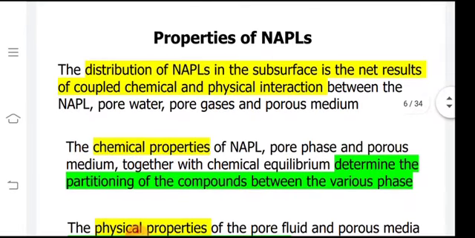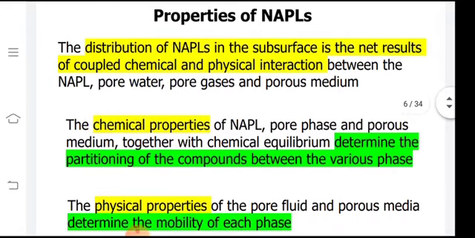Now, what kind of behaviors do we need to study in case of NAPLs? Let's see their properties. The distribution of NAPLs in the subsurface is the net result of coupled chemical as well as physical interaction between the NAPLs, pore waters, pore gases, and porous medium.